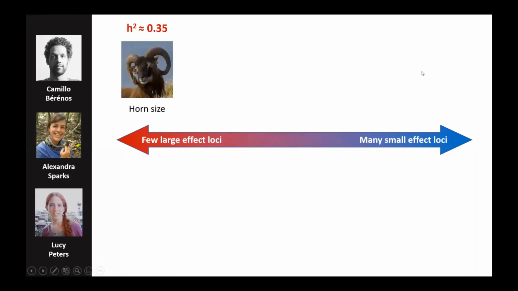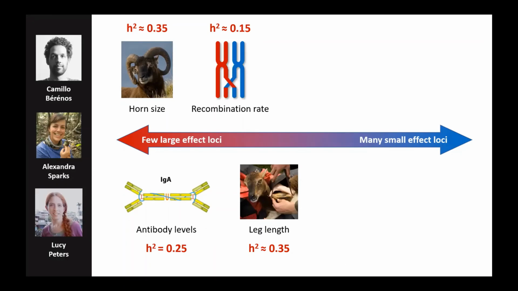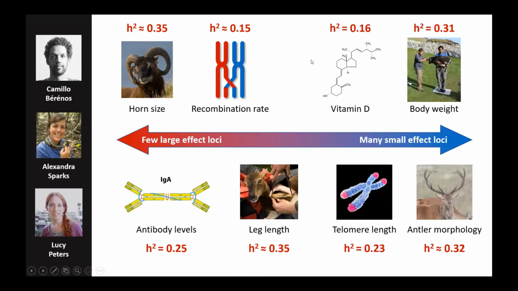So we have things like the horn size that are essentially driven by variation at a single locus. But then we have other traits that are heritable, such as antibody levels, leg length, and things like recombination rate, where there are some genes of large effect, but also a polygenic component, so we can't determine the full genetic architecture. But then there are other traits, such as vitamin D, body weight, telomere length, and the antler morphology, that appear to be driven by many loci of small effect throughout the genome.